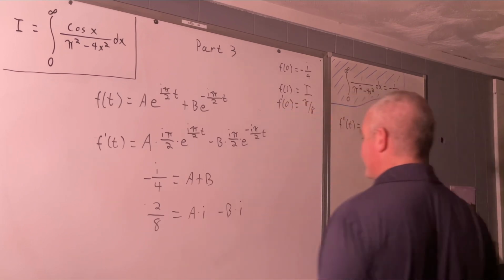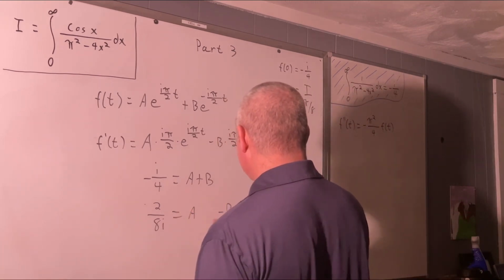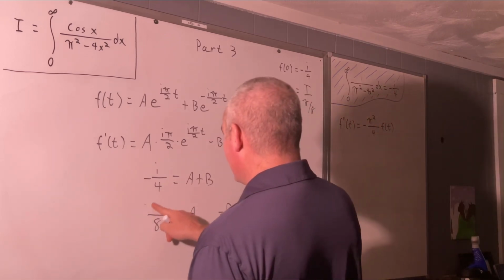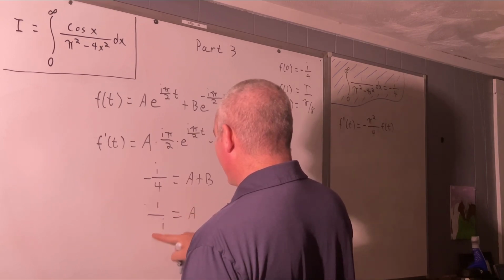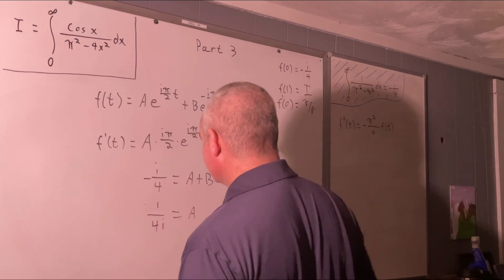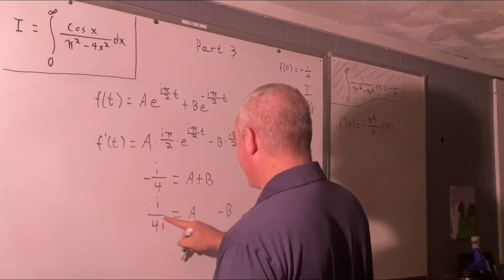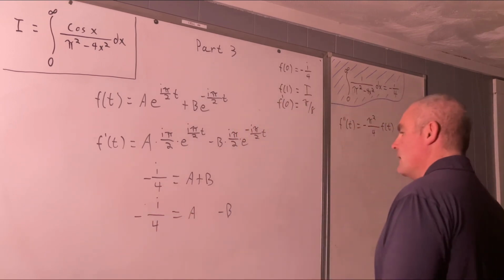Now let's divide both sides by i. This becomes a minus b, and this becomes a 1 over 4. Multiply the top and the bottom by i. We get i over negative 4, or just negative i over 4.